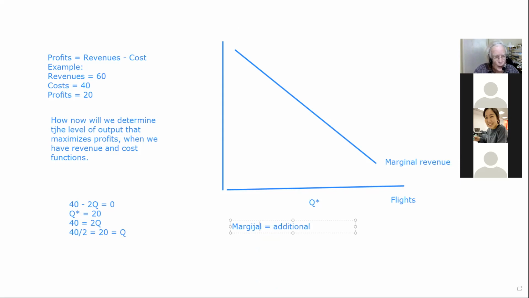One more flight. And now let's add marginal cost. The cost of one more flight.